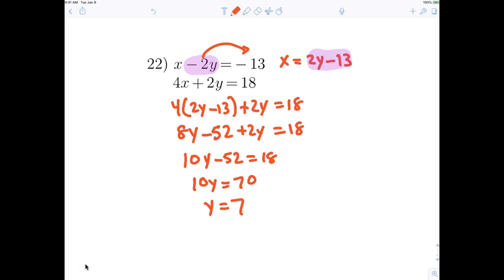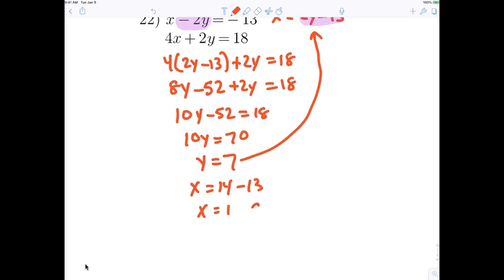All right, so now you just plug 7 in for y. So x equals 14 minus 13, so x equals 1. And now remember, you put it in alphabetical order, so my correct answer is 1, 7.